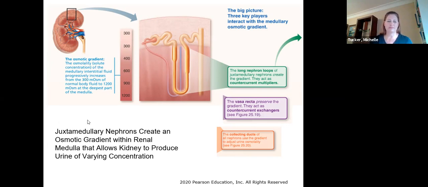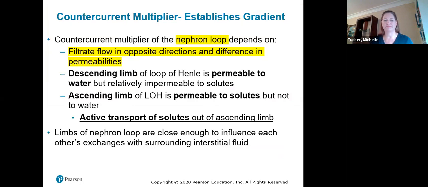It's the juxtamedullary nephrons that are creating this gradient. And then the vasa recta is a series of capillaries that overlies the loop of Henle. They are also going to be in play, and then the collecting ducts. So this is just reminding you of who the players are.